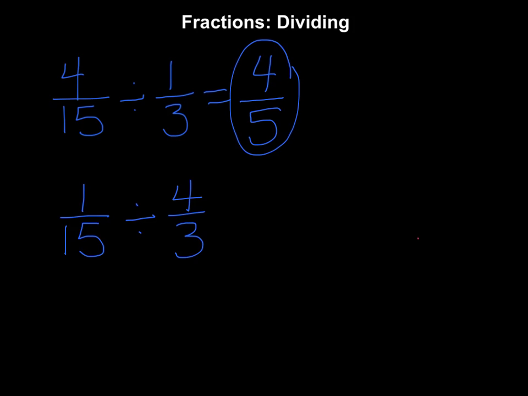But the problem here is whereas the denominator, 15 divided by 3, will be 5, 1 split up into 4 groups is not 4. Instead, it'd be 1/4. And this is called a complex fraction and is generally not considered an acceptable answer. So with problems like this, we run into a little bit of an issue that we need to overcome.